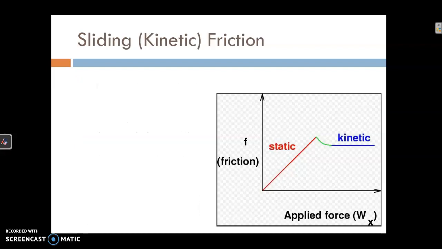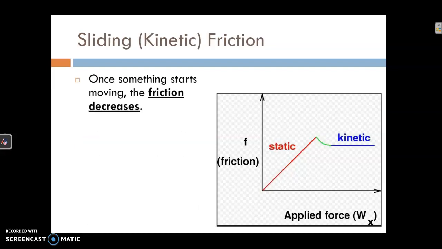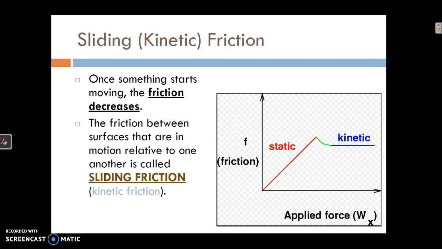So let's talk about the next type of friction, sliding friction or kinetic friction. Once something starts moving, the friction actually decreases. The friction between surfaces that are in motion relative to one another is called sliding friction or kinetic friction. This is important when you think about your car stopping faster if it's not skidding, right? If your car isn't skidding across, your car is going to stop faster.